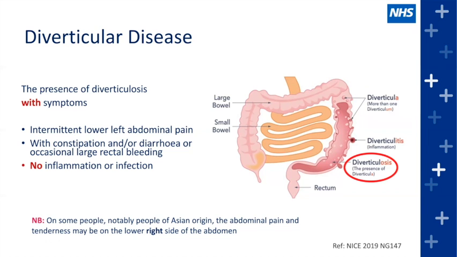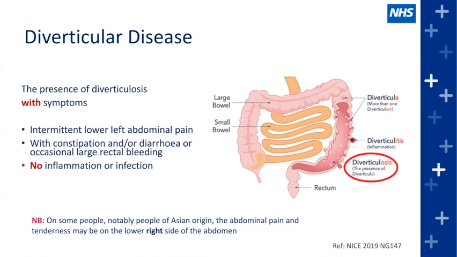And this would typically be left-sided lower abdominal pain. Bear in mind that people from the Far East may in fact have their diverticula on the other side of their bowel. But for the majority of people in the Western world, they are in the sigmoid colon, which is on the left lower part of the abdomen.